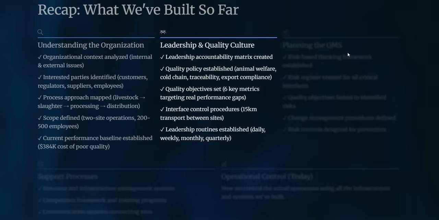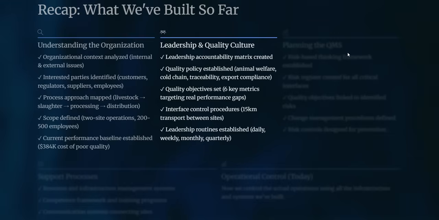We have also in Module 2 set the quality objectives with 6 key metrics targeting real performance gaps. Also interface control procedures for our 15-kilometer transport between Site A and Site B. And finally, in Module 2, we have established leadership routines that include daily, weekly, monthly, and quarterly routines of leadership.